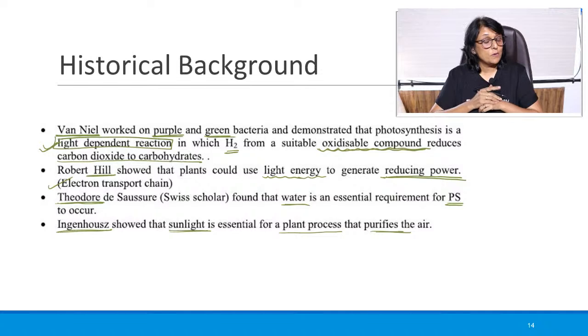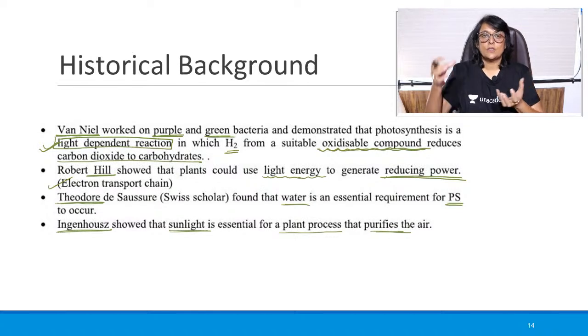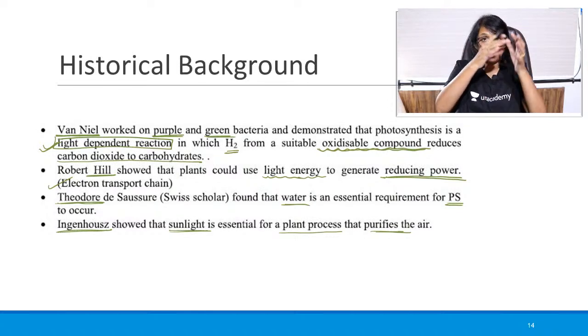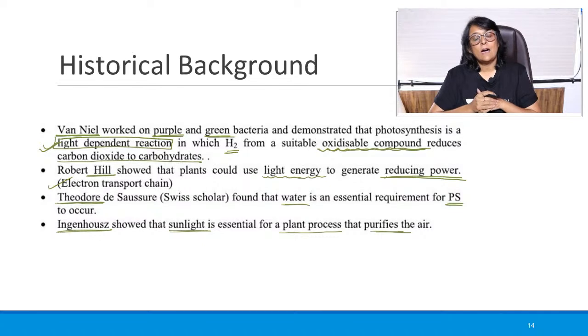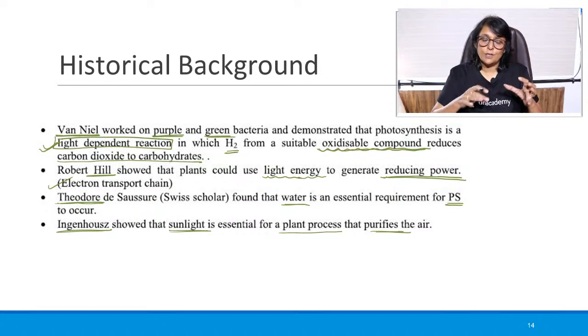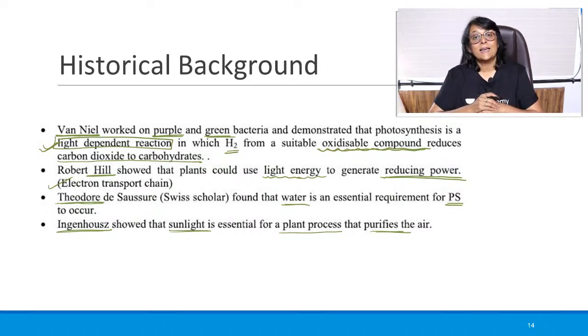Now here, if you remember that inverted bell jar experiment, a plant was taken and covered with that inverted bell jar. After some time, the plant died. A mouse was kept in that inverted jar, and the mouse died. A burning candle was covered with that bell jar and the flame extinguished.